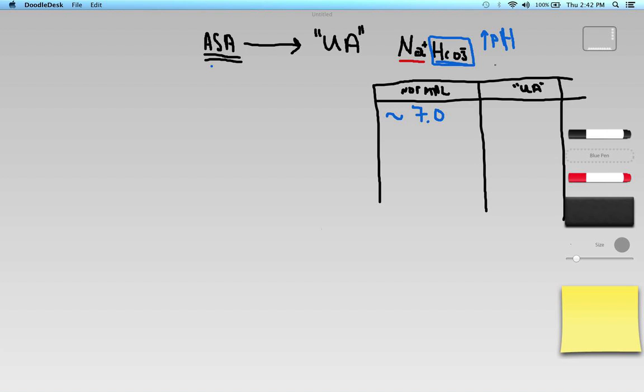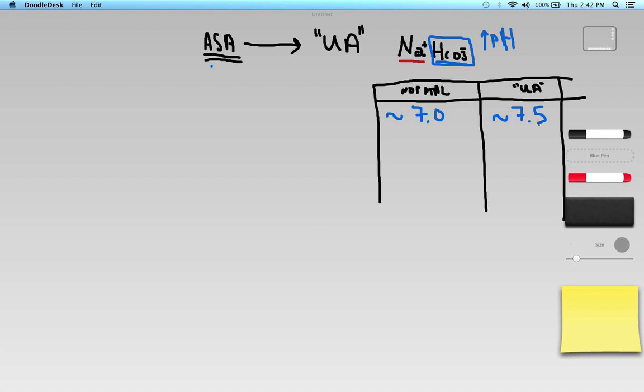Okay, and then with proper urinary alkalinization therapy, I'm shooting for a urinary pH of approximately 7.5. Now, this may not seem like a significant difference from 7.0 to 7.5, but we know that we're talking about a logarithmic scale, a base 10, so every point is going to be an order of magnitude, or 10 times.